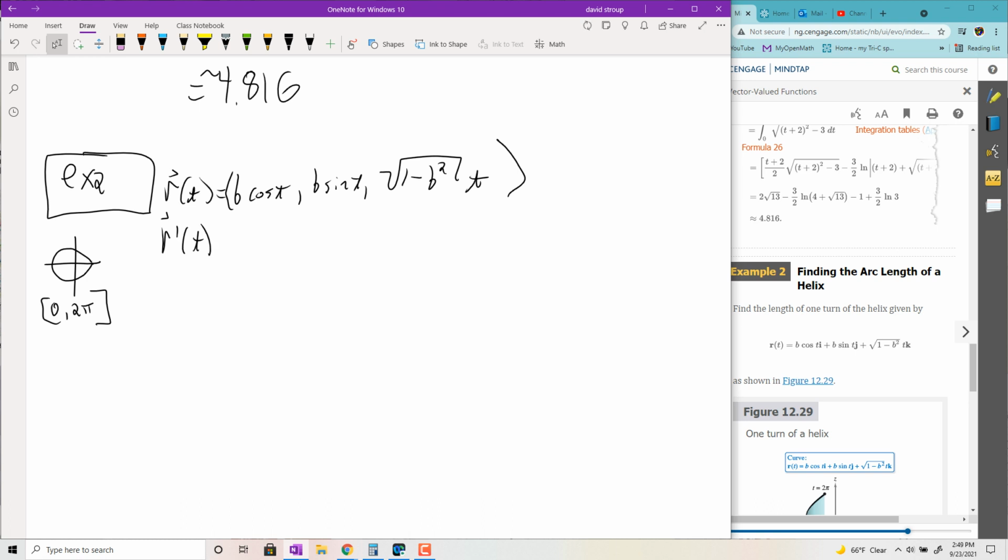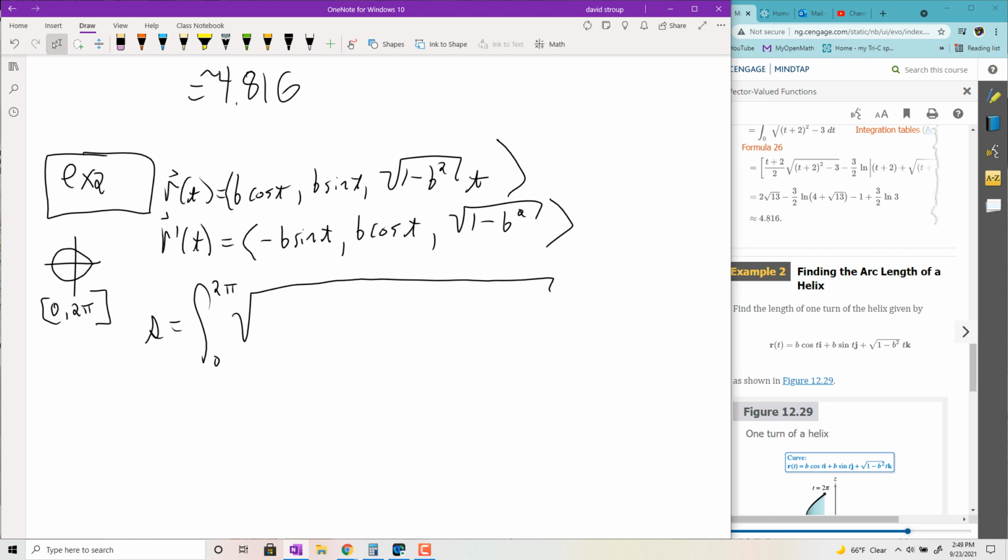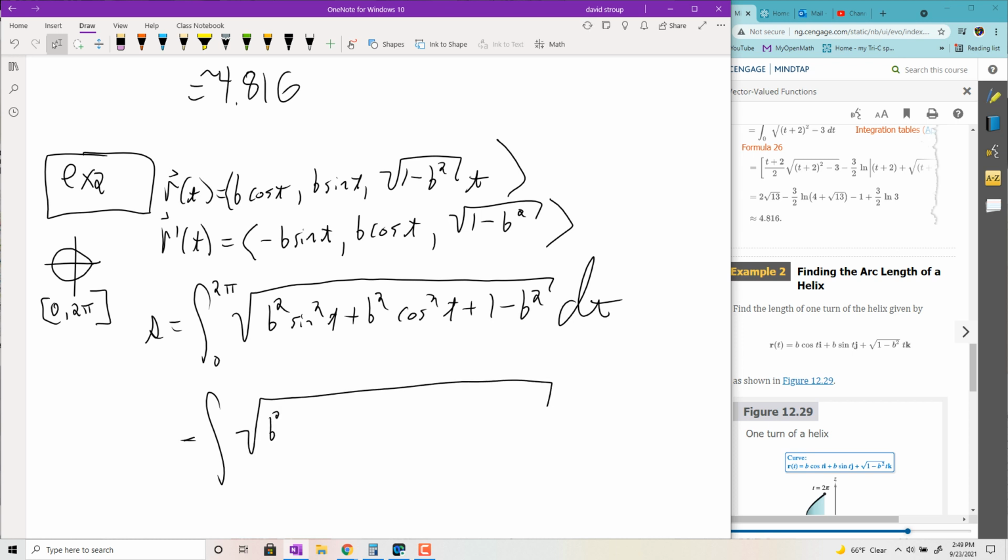R prime then. Negative b sine t, comma b cosine t, comma square root 1 minus b squared. And then I go to my integral, so my arc length from 0 to 2 pi is the square root of b squared sine squared t plus b squared cosine squared t plus 1 minus b squared dt, which will equal the integral of the square root of b squared times sine squared plus cosine squared t plus 1 minus b squared dt.